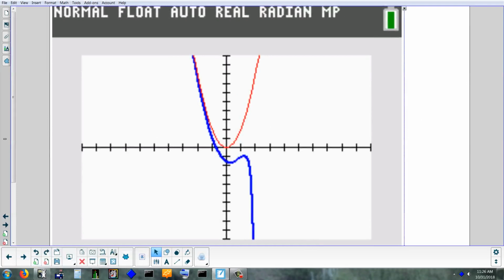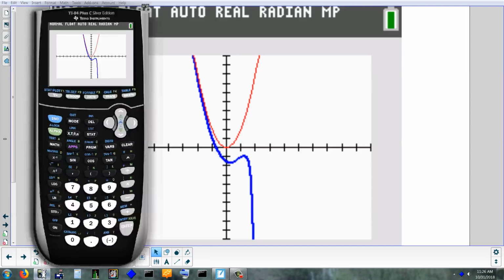Now, we should have more of a parabola. What's happening, though, is it's off the screen. So if I set my Ymax at, let's try 40. Okay, there's the part we had before, and there's the other part. And let's wait for the graph in red.